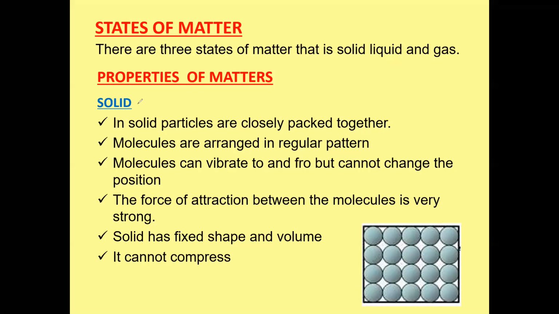Is it clear? These are the properties of a solid: the particles are close, tightly packed together. There's a regular arrangement, and this regular arrangement is called a lattice. Molecules can vibrate, but they cannot change position. This means if this is molecule A and this one is molecule B, molecule A can vibrate, but it cannot move from one place to another. Is it clear?